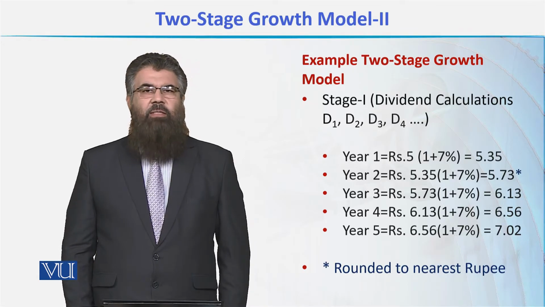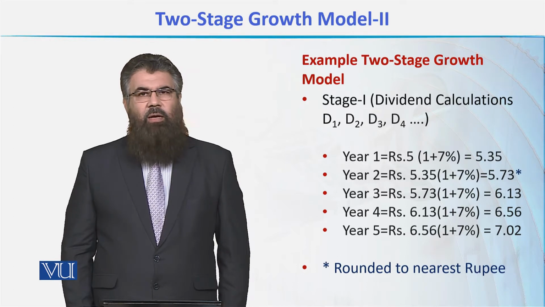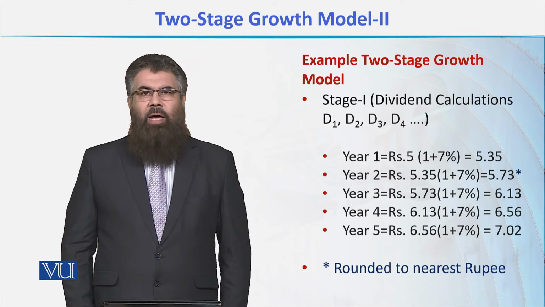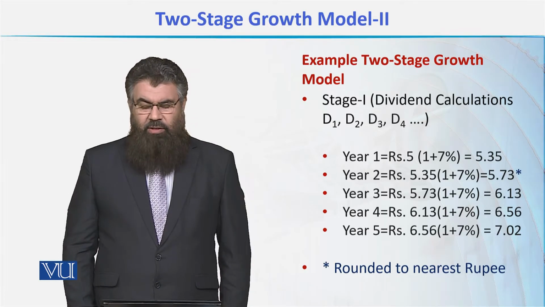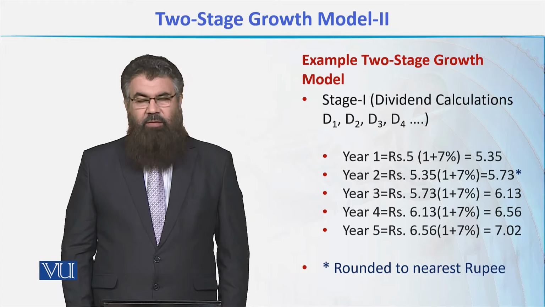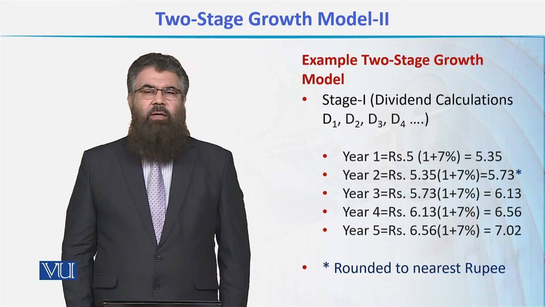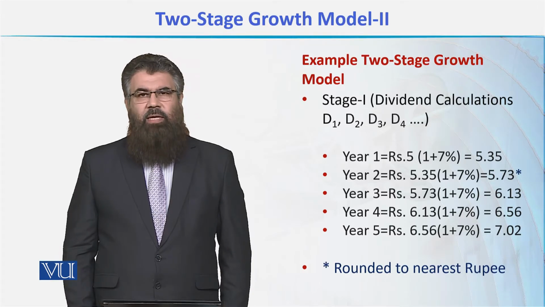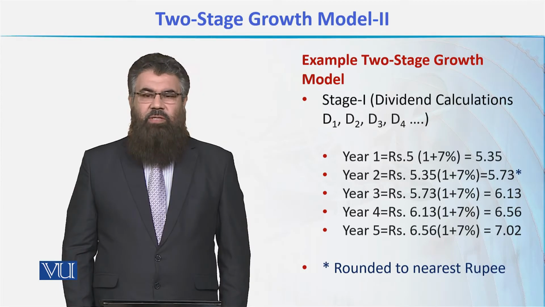यानी first year से 5th year के individual dividends हमें calculate करना होंगे by applying the future value formula. The last year dividend was rupees 5. And if we multiply it with the future value interest factor, that is 1 plus 7%, यहाँ पर 7% growth rate of the first stage है.